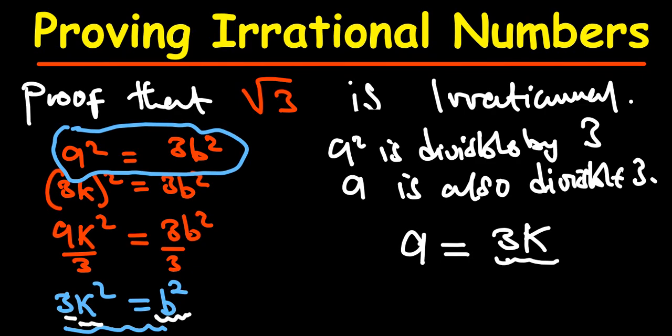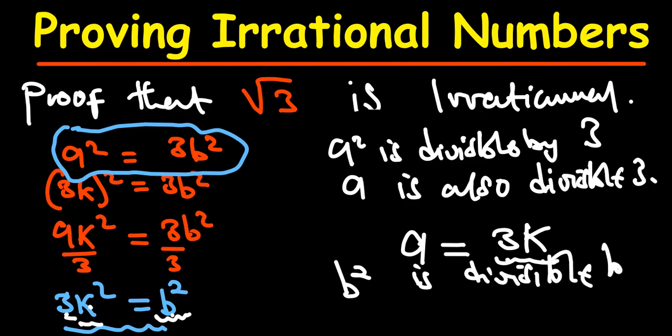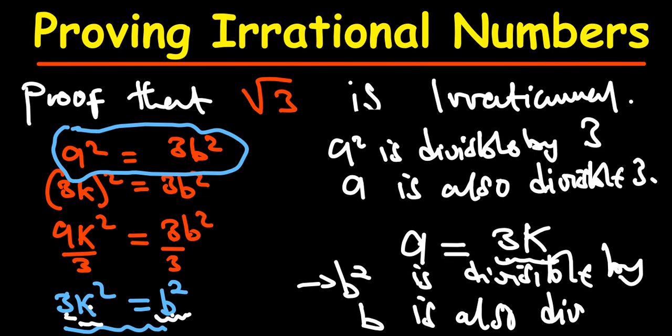So since I'm multiplying this k squared by 3 to get this b squared, it means b squared is divisible by 3. So if b squared is divisible by 3, its square root, which is b, is also divisible by 3.